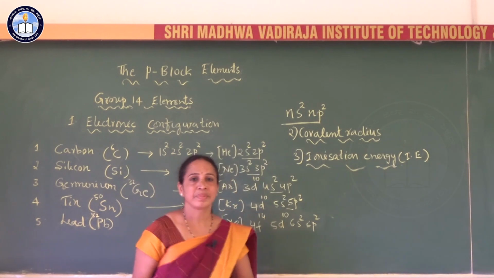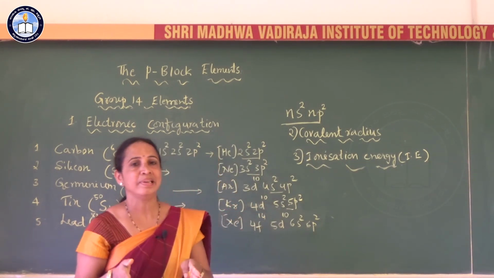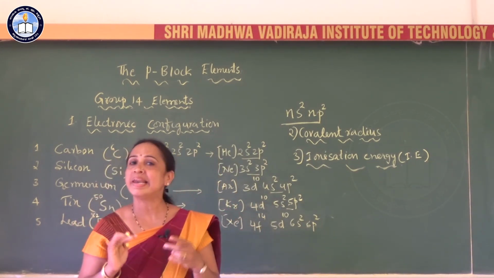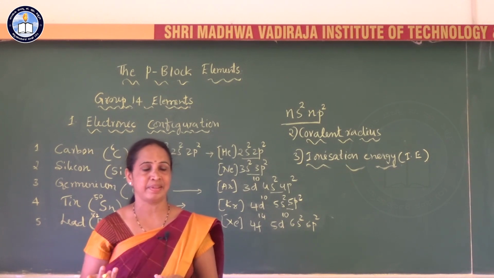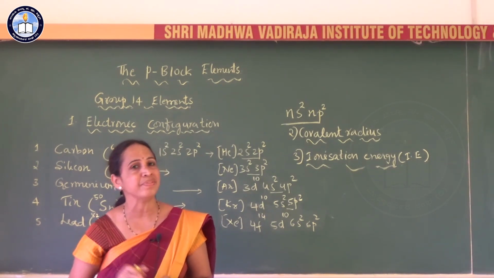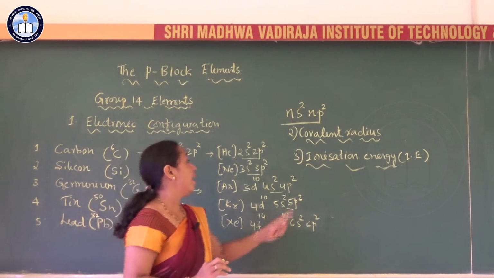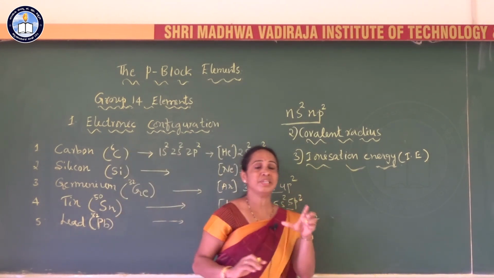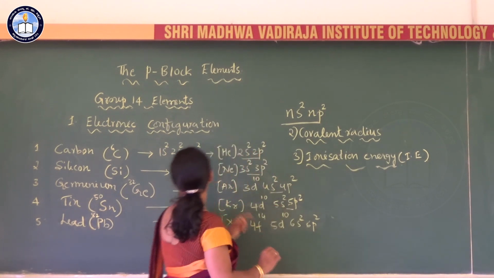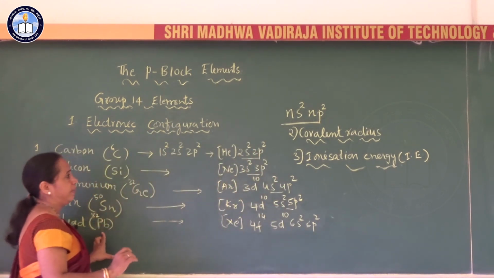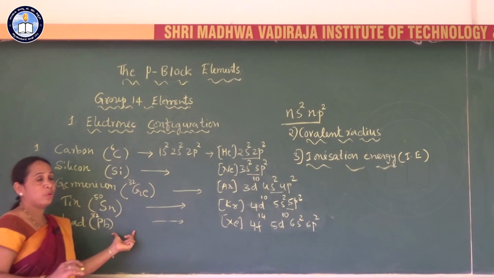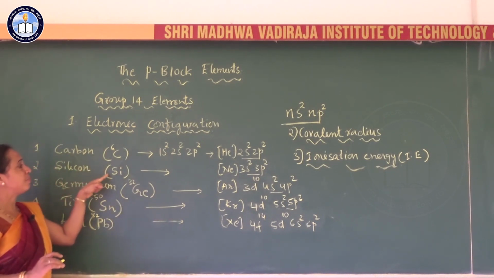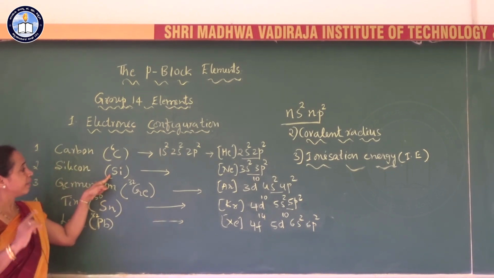As you know, if we descend down in any group, ionization energy decreases because covalent radius increases. If we consider the ionization energies of 14th group elements, moving from carbon to silicon there is a considerable decrease in ionization energy.